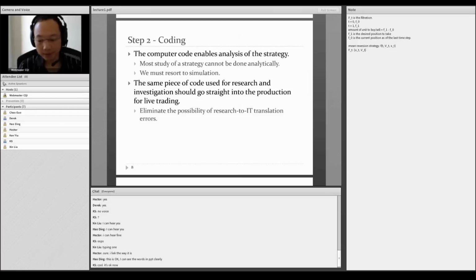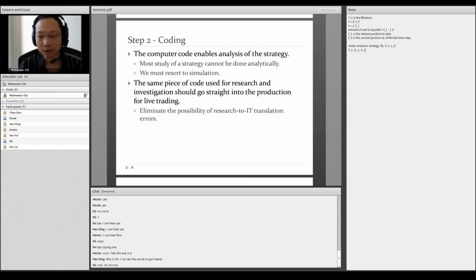Now, this approach is problematic because usually the quant is a good mathematician, but he or she may not know about IT programming. And usually the IT guy is very good at programming, but he probably knows nothing about mathematics. So often there would be translation errors. When the IT guy takes the R code and translates it into C++, the translation is not necessarily faithful.